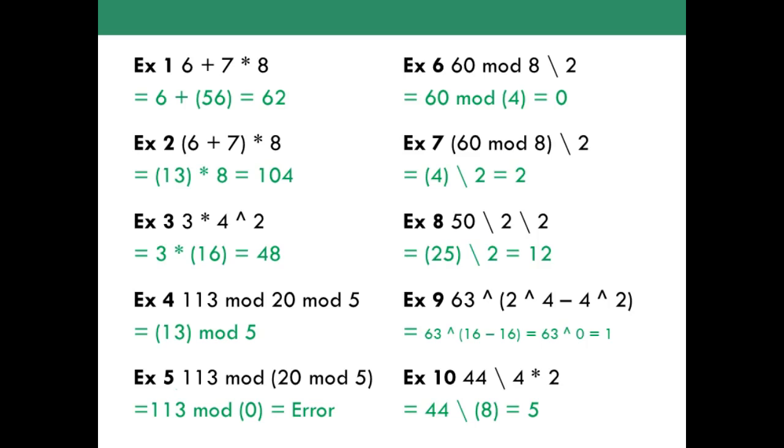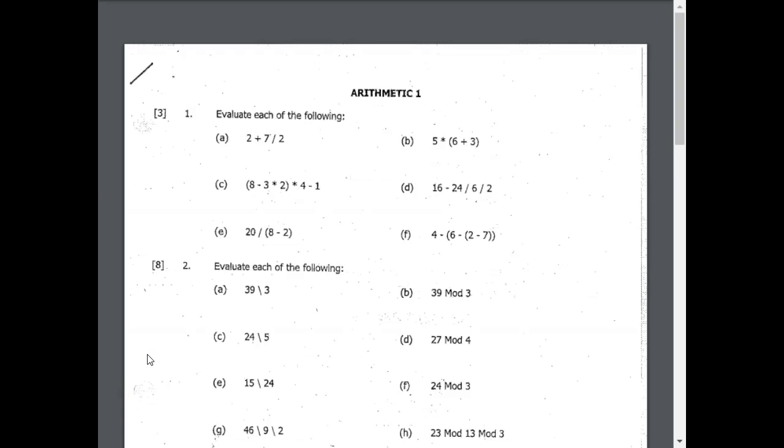These are the examples. Now, we've got a worksheet that you are going to do. And on the worksheet, I want you to do everything except the very last question. That's the programming question. The homework that accompanies this video is on the worksheet Arithmetic 1.